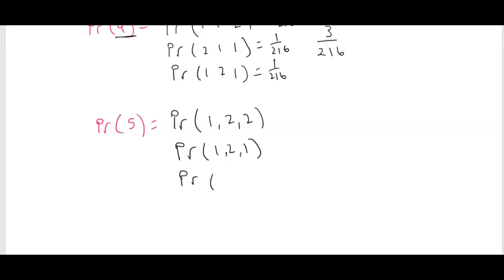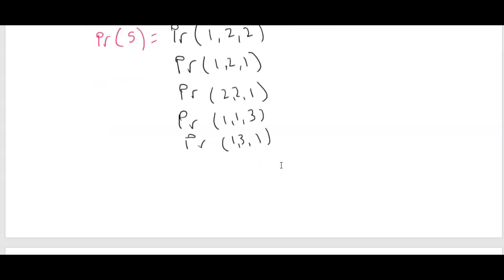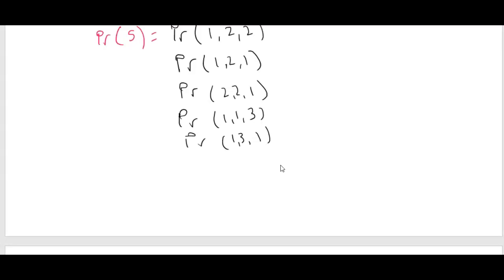We can have a 2, 2, 1. We can have a 1, a 1, and a 3. So I'm forgetting to put my commas in. We can have 1, 3, 1. And then we can have 3, 1, 1.